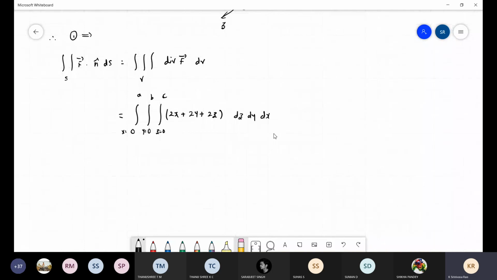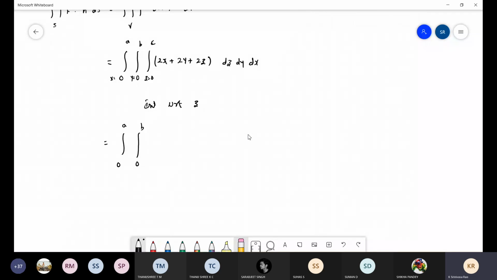First integrate with respect to z. These two integrals I will write as they are, 0 to a and 0 to b. And now what is the integration with respect to z? Yes, tell me. xz plus yz plus z square by 2.